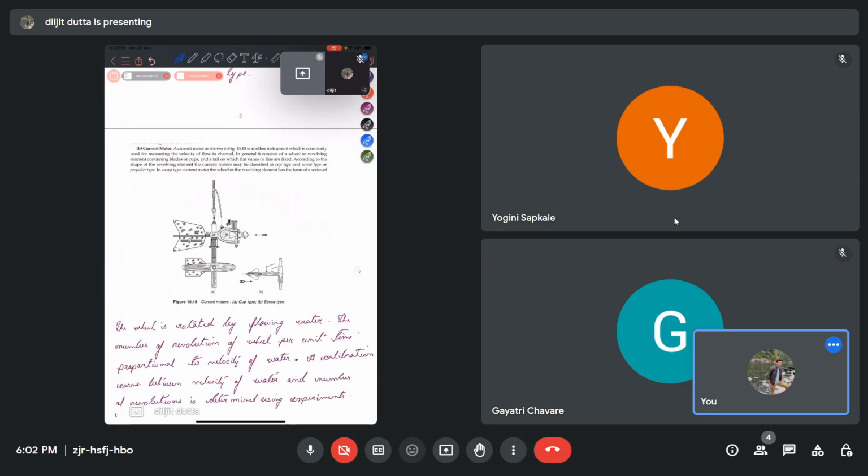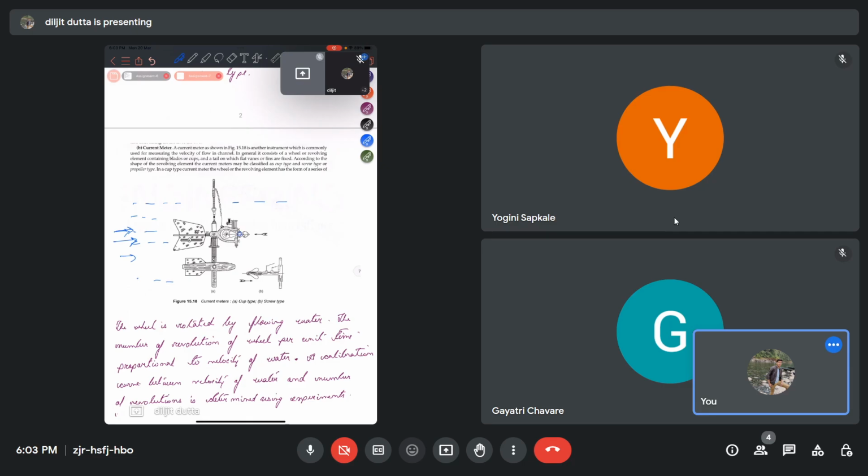You can see in the figure shown here a current meter. This is a vertical section of a current meter. It is dipped inside the water, that is in a river or a stream, and suppose this is the water level and water is moving in this direction.